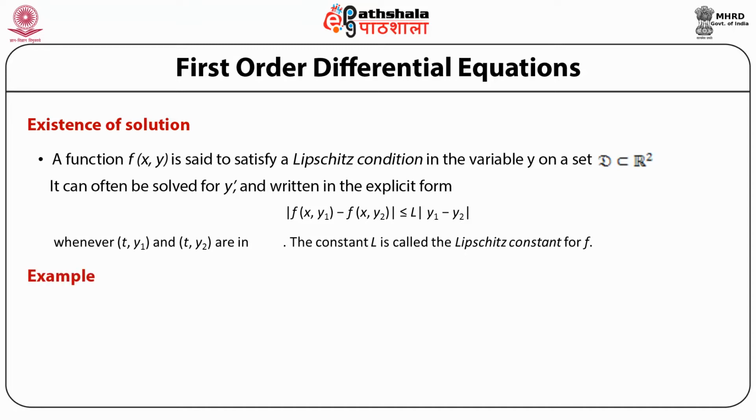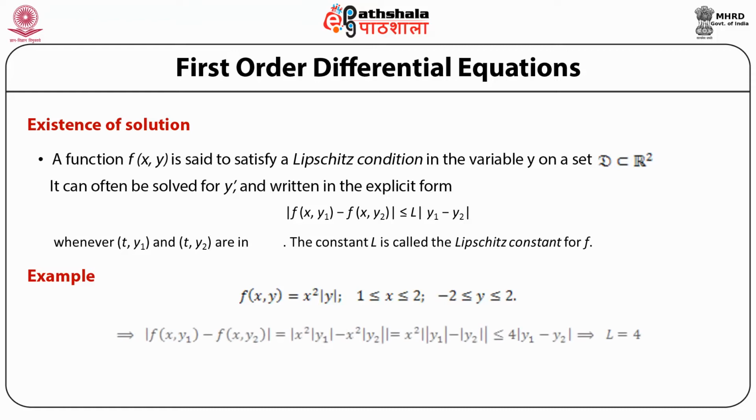For example, let f(x, y) = x² |y|, where x is between 1 and 2, and y is between -2 and 2.